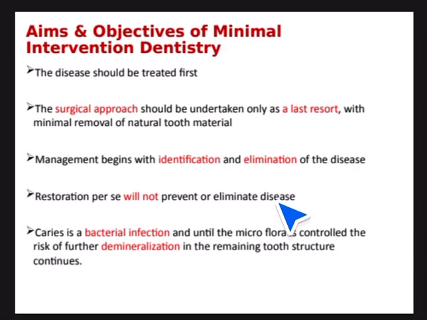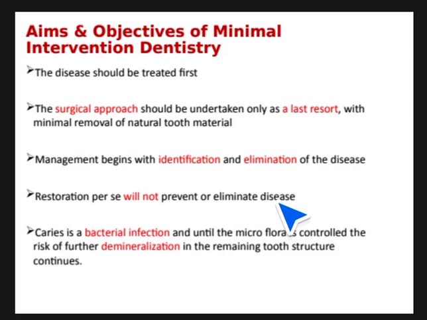After 1 month, the patient comes back, and he has caries in another tooth, and you again do a restoration and send him home. But he will come back with another carious lesion. Why? Because you are not treating the disease. You have to treat the disease, which is dental caries.